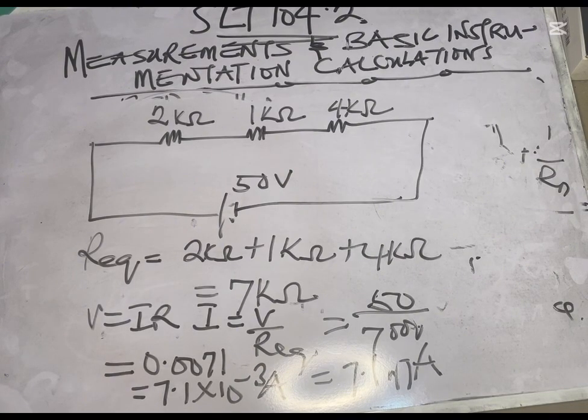I told you that milli is 10 raised to power minus 3. You can just state it as 7.1 times 10 raised to power minus 3, which is still fine, but stating it as milliamps will also help you understand how to make use of milli, nano, pico, and all of that.